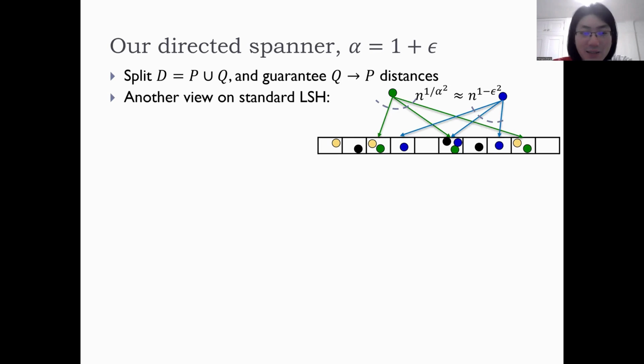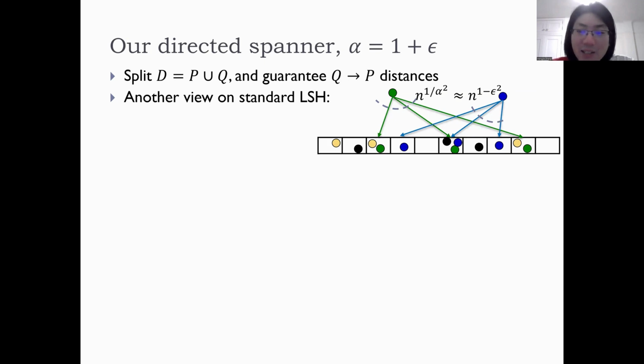Also, locality-sensitive hashing has an alternative view, which is the data structure view. Say the green points are points from set P, and the blue points are points from set Q. The data structure has a pre-processing phase and a query phase. In the pre-processing phase, for every P prime in P, we put P prime into many buckets. In the standard LSH, we only put one point into one bucket, and we repeat multiple times.